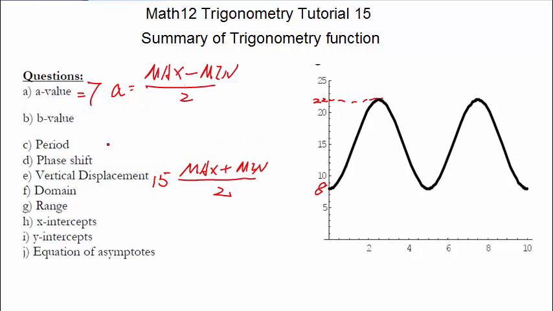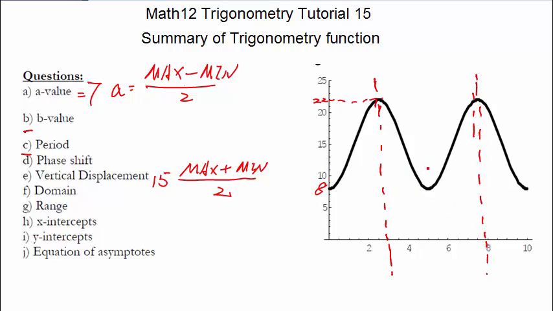Now we're going to do the B value. B is related to the period, so these two come together. What is the period? We're just looking for a complete cycle here. Here is a peak and here is another peak, so between the peak and the peak we have one whole shape. This is something like 3, and this is something like 8.